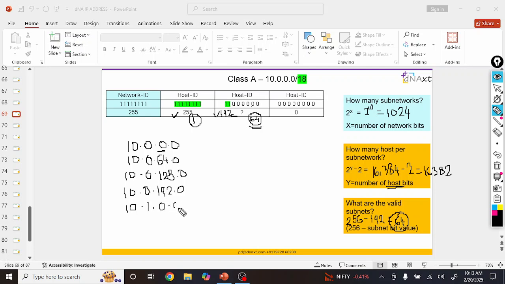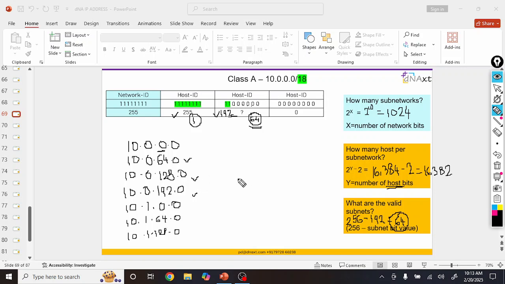So 10.1.0.0, 10.1.64.0. Again this will start. 10.1 for 1, this was for 0. 0.0, 0.64, 0.128, 0.192, 1.0, 1.64, 1.128, 1.192, 2.0, 2.64, 2.128, 2.192, 3.0.